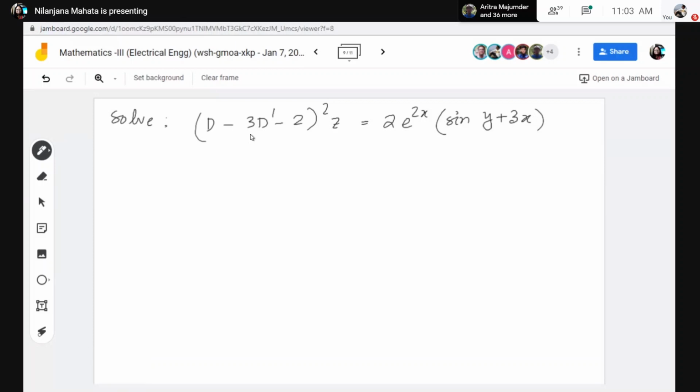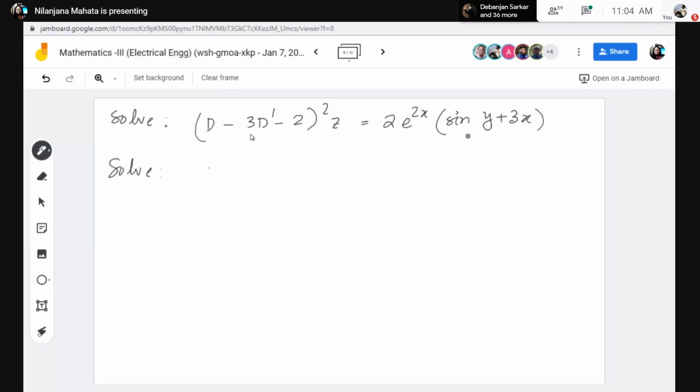No, you solve this problem. D minus. You have to apply this for sine y.